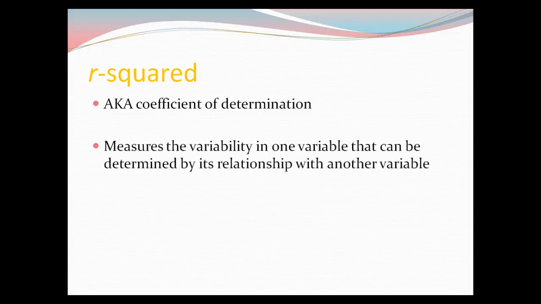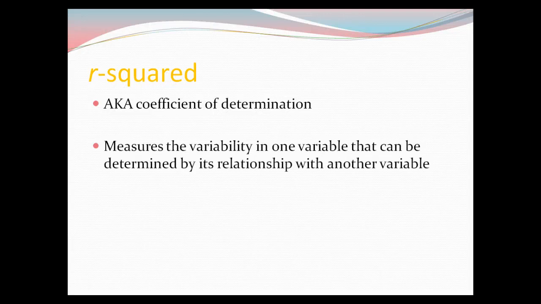So, one last thing. R squared is otherwise known as the coefficient of determination. It will tell you how well your regression line fits. So you can test the significance of the regression line. It'll tell you, well, is that line significantly better than chance? But you want to know how good it is. So the measure of effect size here of how good it is will be R squared.